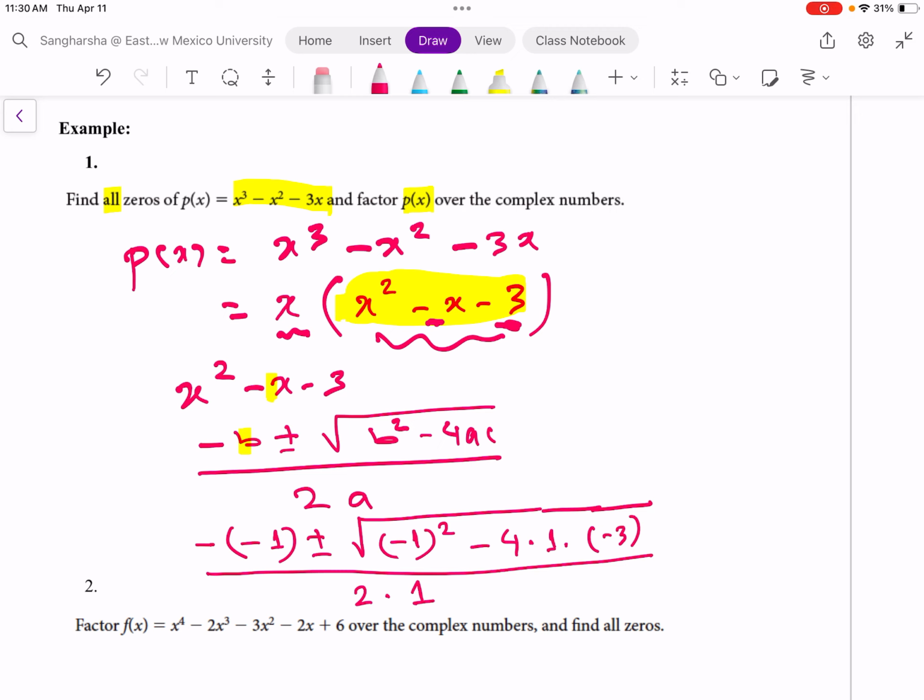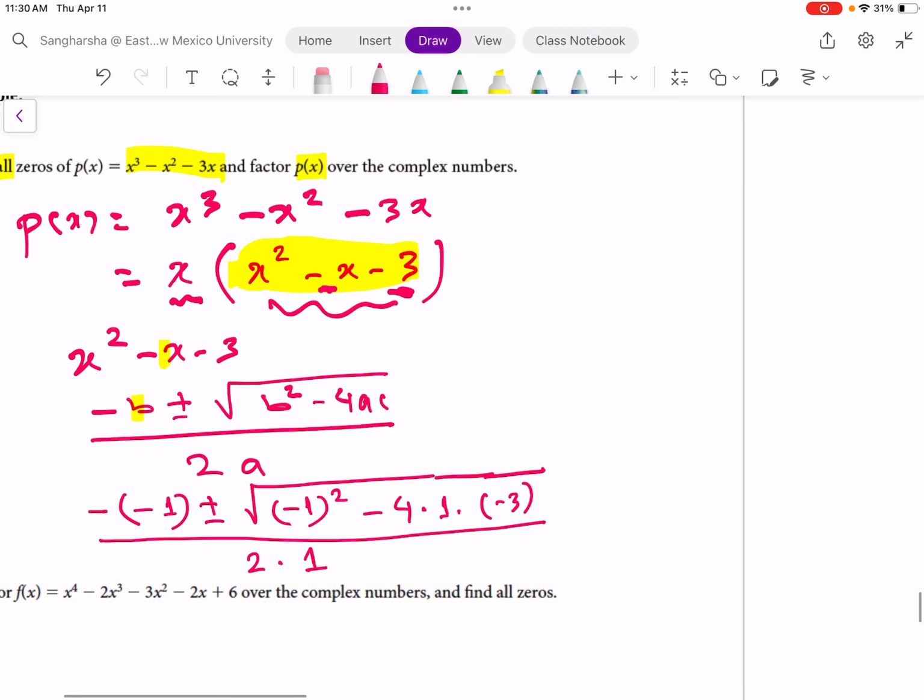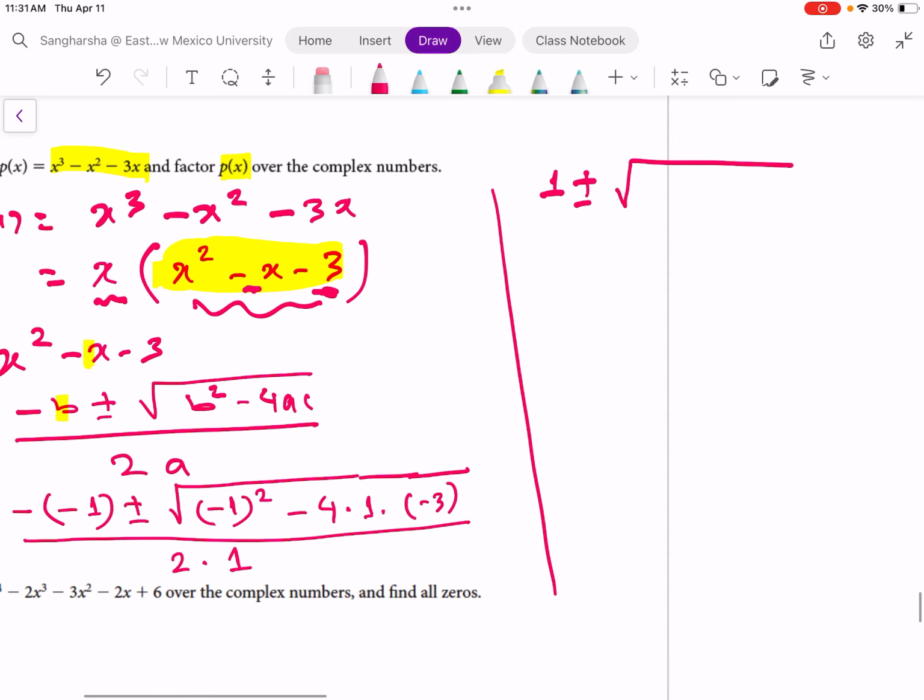Now let's simplify this. Negative times negative 1 is positive 1, plus or minus the square root. Negative 1 squared is positive 1. Negative 4 times 1 times negative 3 is positive 12. Divided by 2 times 1, which is 2.